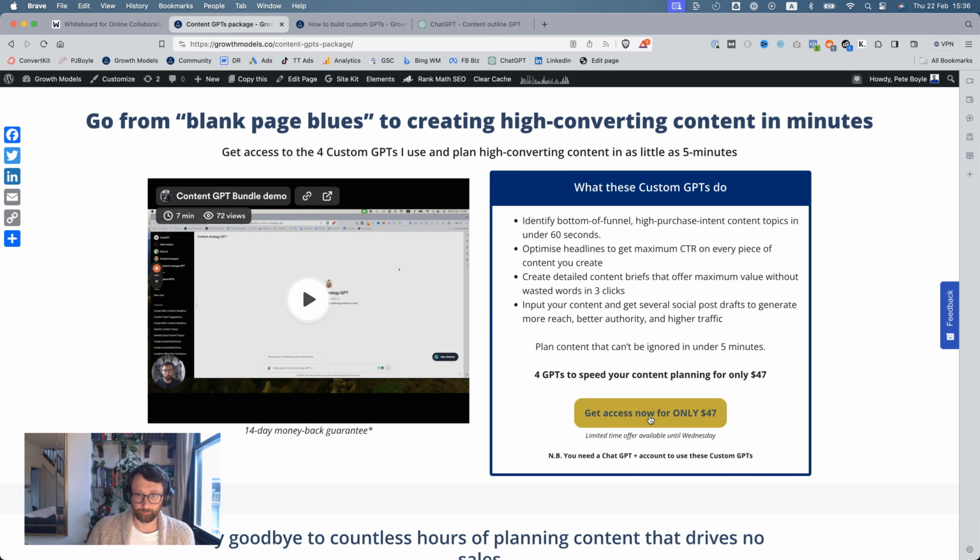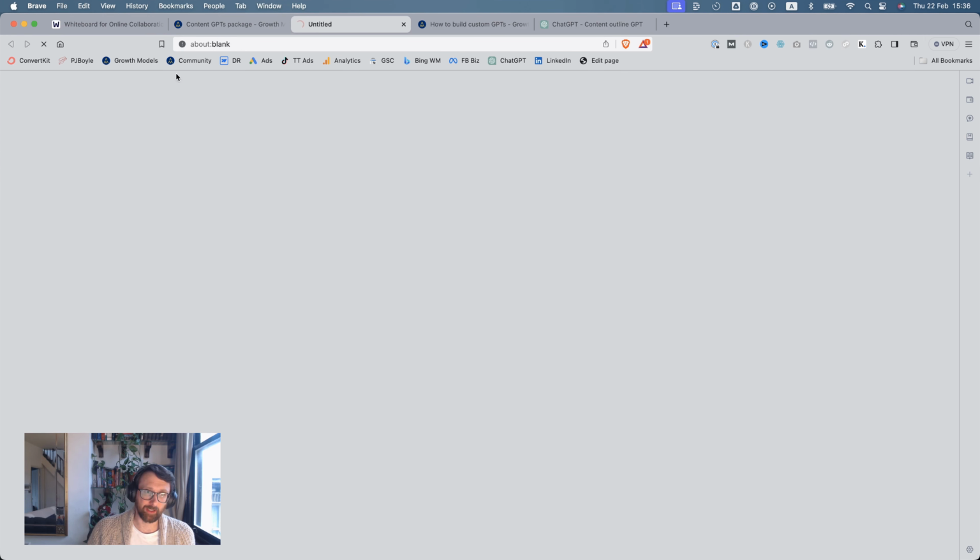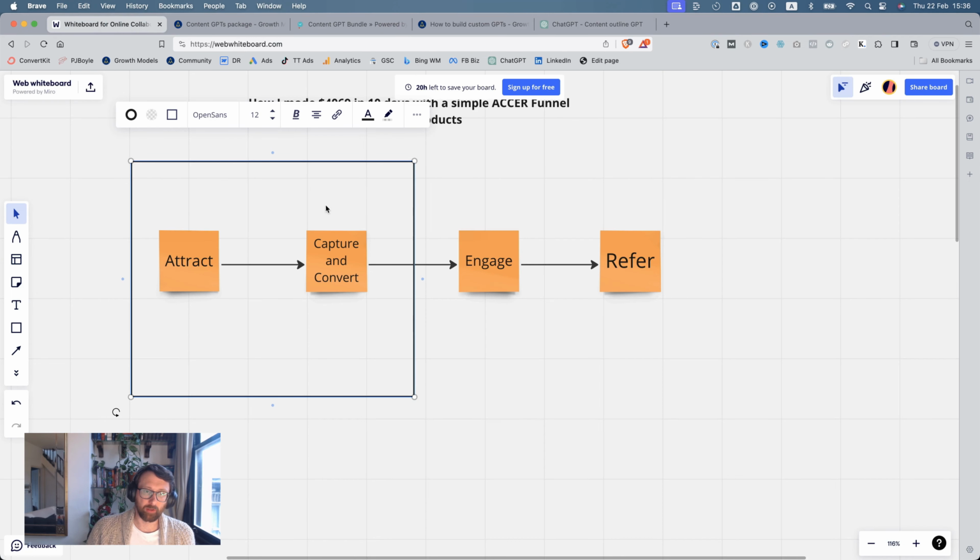Essentially, what you'll find is that the capture and convert in one step only really works with an impulse purchase. So a low cost offer, usually between $1 and $99, that somebody's not going to think twice about spending on that thing. Depends on the audience, what that will be, but generally speaking, it's between $1 and $99.